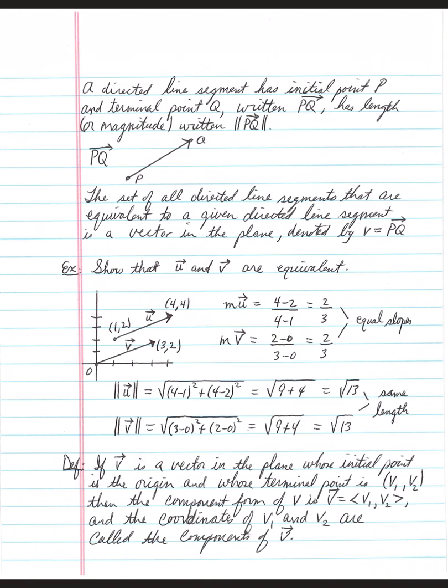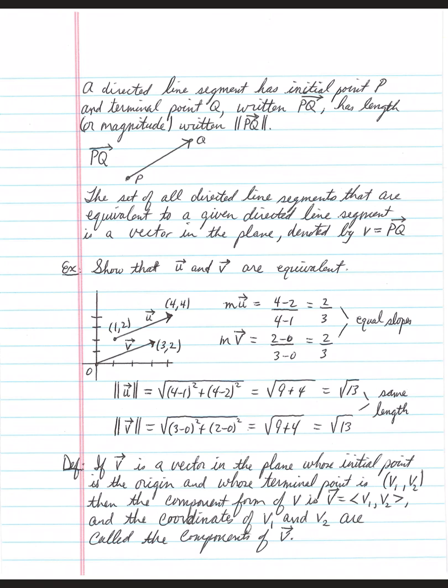Definition: if vector v is a vector in the plane whose initial point is the origin and whose terminal point is v1, v2, then the component form of that vector v is v1, v2 with chevrons around them. You'll see that it looks like greater than and less than symbols, but to my knowledge those are called chevrons.